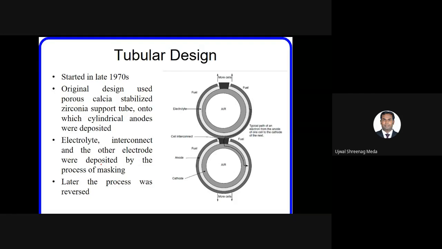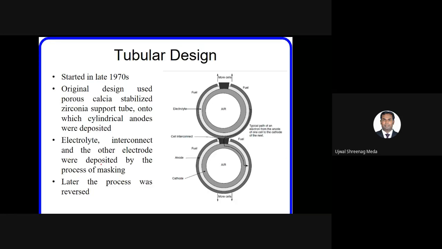On top of that, the anodes were tape casted. But later, in the current tubular designs, the innermost tube, the base tube, is cathode material. On top of cathode, the electrolyte is casted, and on top of electrolyte, the anode material is casted.